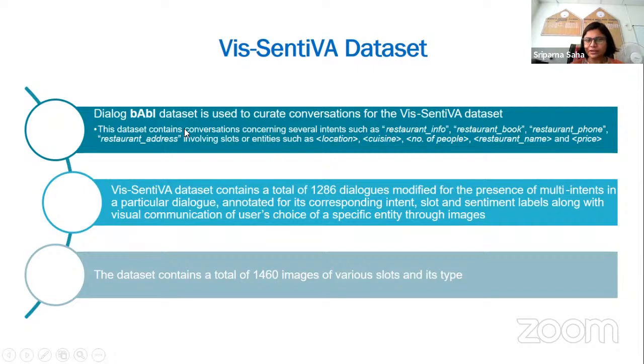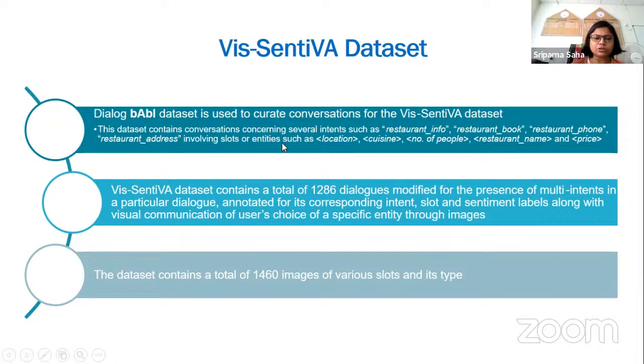We have extended this Barbie dataset. It has intents such as restaurant information, where the user asks for information about a particular restaurant, or the user wants to book a restaurant, or get the phone number or the address of a particular restaurant.